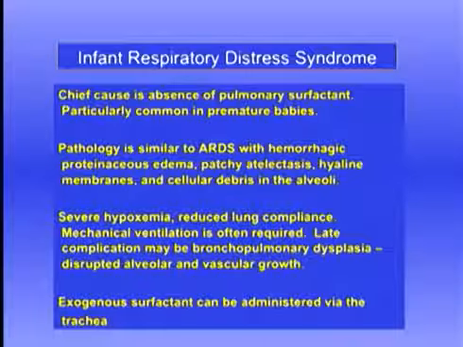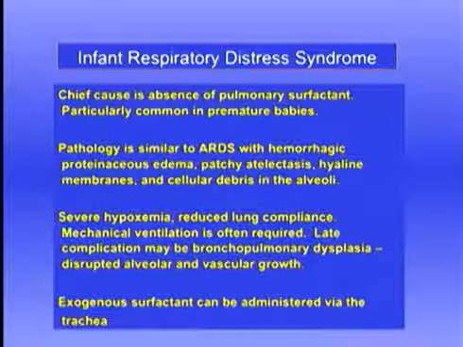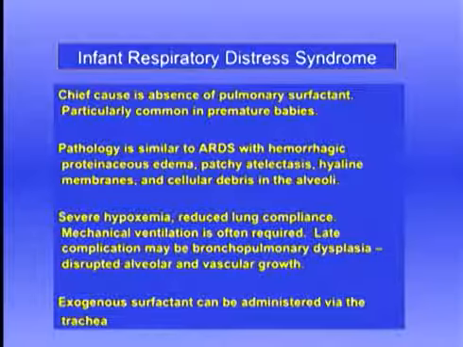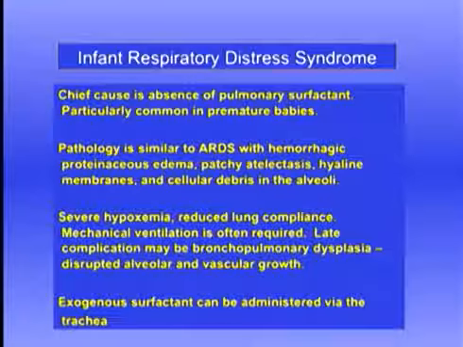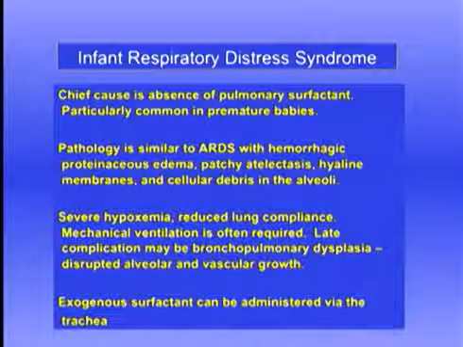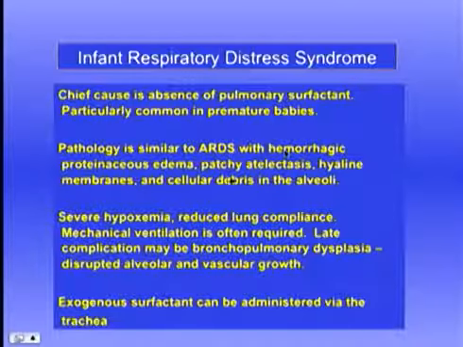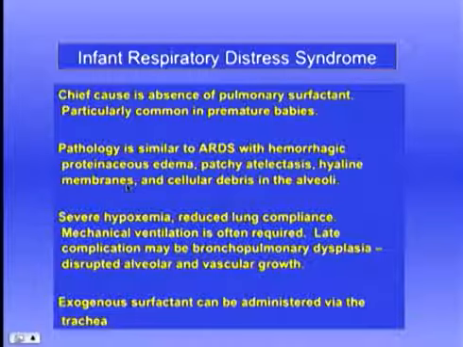So the pathology is not all that different from the adult respiratory distress syndrome in the sense that you get a hemorrhagic proteinaceous edema. I mean, it's quite clear that the capillary walls are damaged, the blood gas barrier is in bad shape. Again, you get patchy atelectasis, you get hyaline membranes, which have to do with cellular debris in the alveoli.